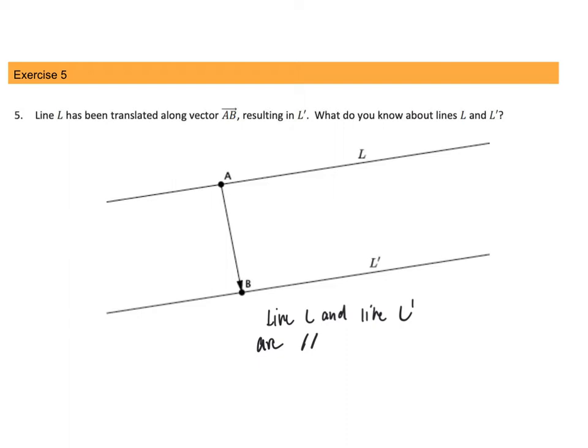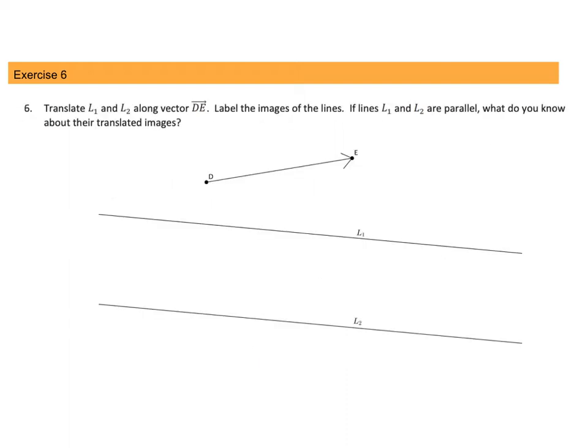Moving on. Number 6 says translate L1 and L2 along vector DE. So we're going to be sliding it up to the right a little bit and label the images of these lines. If lines L1 and L2 are parallel, what do you know about their translated images? So we're going to be taking this point and translating it up. It's probably going to be right about here. This one, we're going to translate it up. It's probably going to be right about here.